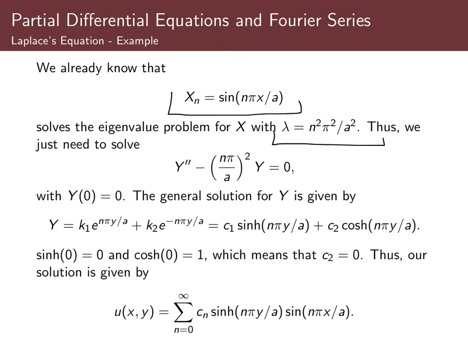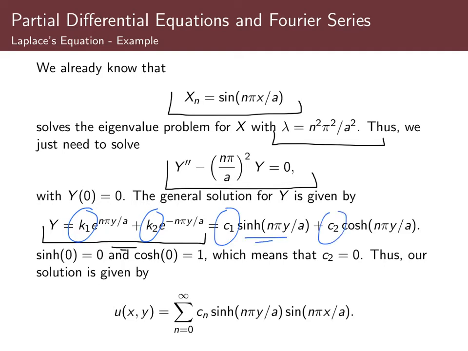To complete this solution, we simply have to solve the boundary value problem for y. We know the general solution in this particular case, because the roots of the characteristic equation are both real, is exponential solutions for y. This is a bit cumbersome to work with, so we switch the constants from k's to c's and transform these into hyperbolic sine and cosine functions.